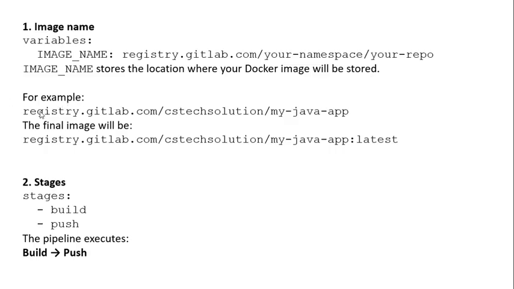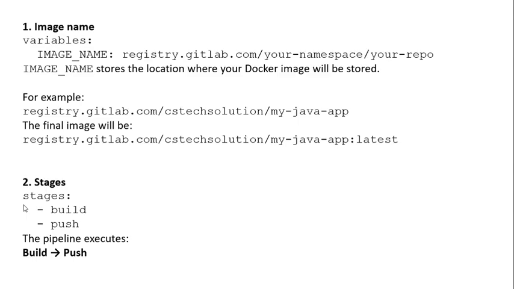For example, registry.gitlab.com/cs-tech-solution, with the repository name my-java-date-app, and the final image will be registry.gitlab.com/cs-tech-solution/my-java-date-app:latest.